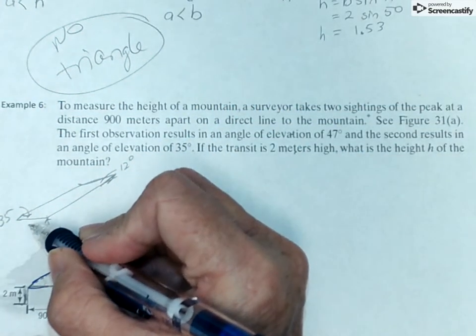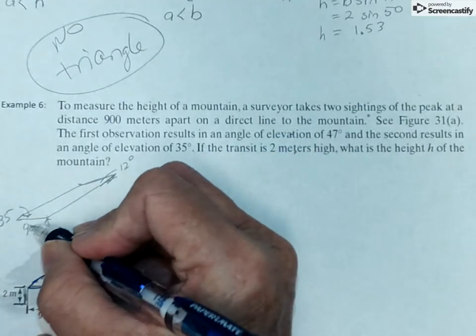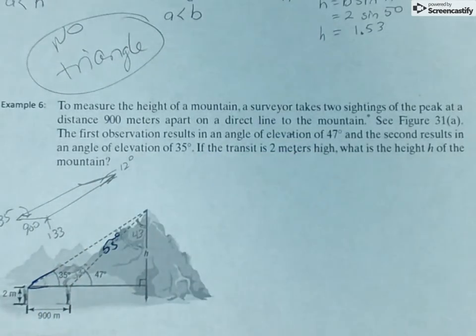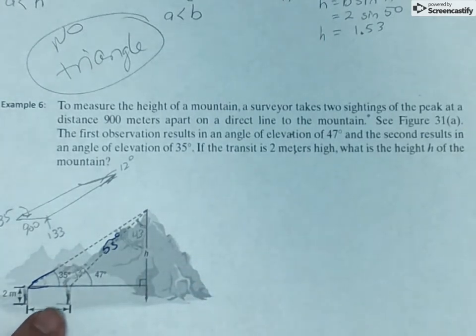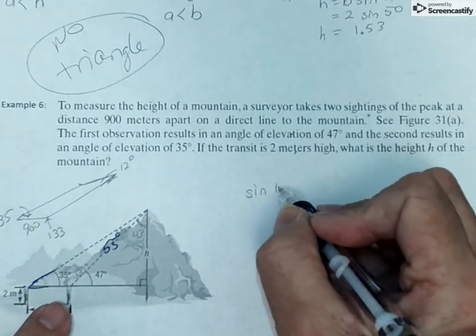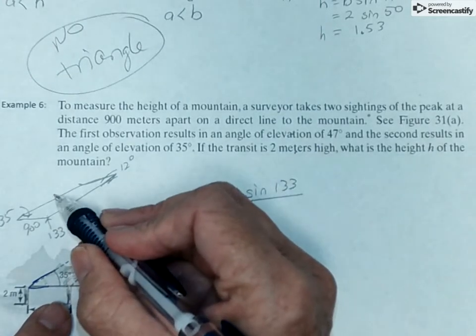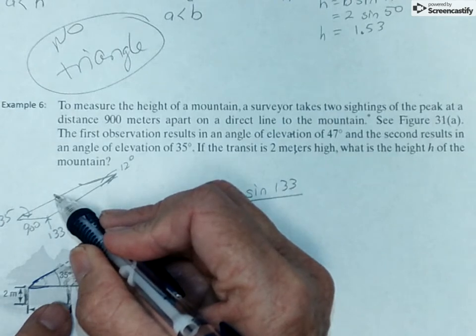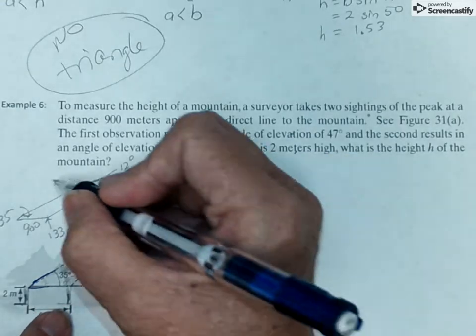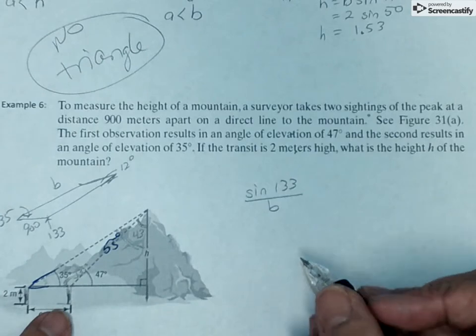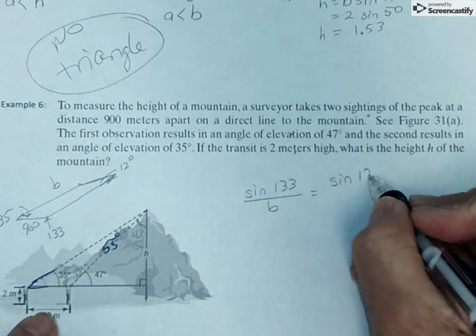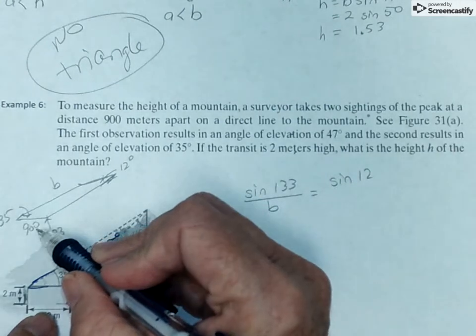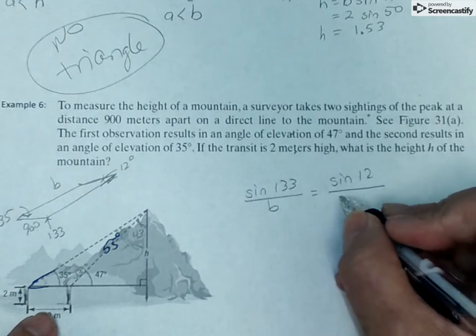I know this side right here. This side is 900. Okay, so we've got all of those. So the sine of 133 degrees over this side here, I don't know that, so I'm just calling that B for now, is equal to the sine of 12 degrees, this angle right here, over the side I know, 900.